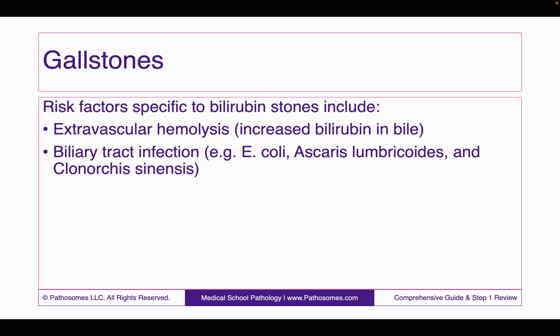Extravascular hemolysis due to the increased bilirubin in the bile, and biliary tract infection, such as from organisms like helminths or bacteria like E. coli or Ascaris lumbricoides and Clonorchis sinensis.